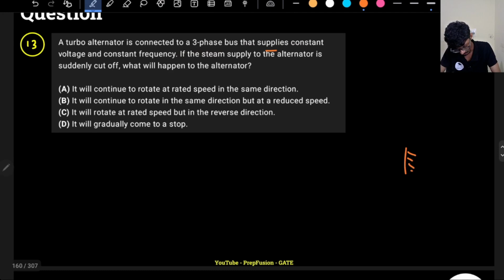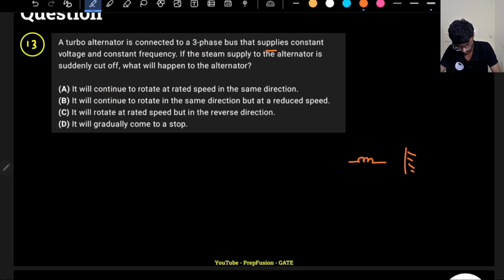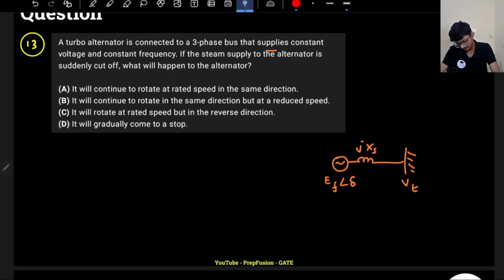Basically, I have a turbo alternator supplying constant voltage, and nowhere have they mentioned the armature resistance, so I will assume it to have synchronous reactance only. This is my EF, and this is VT.